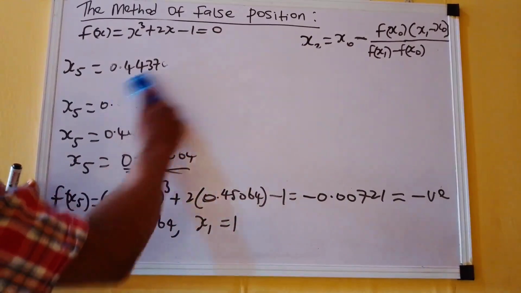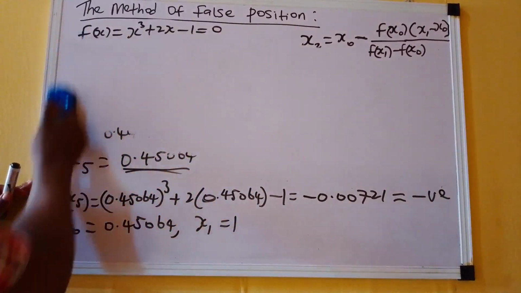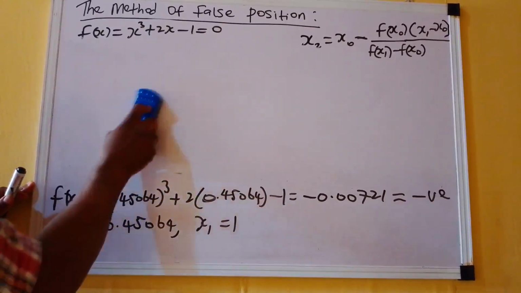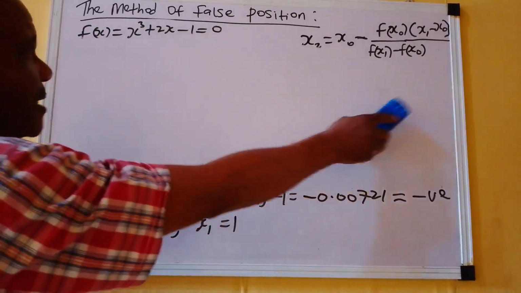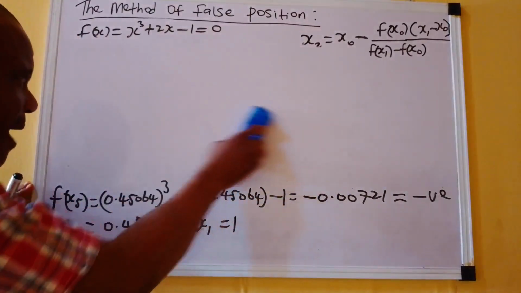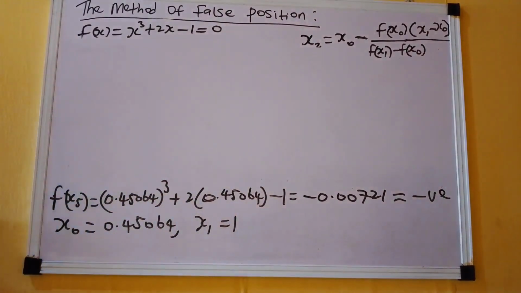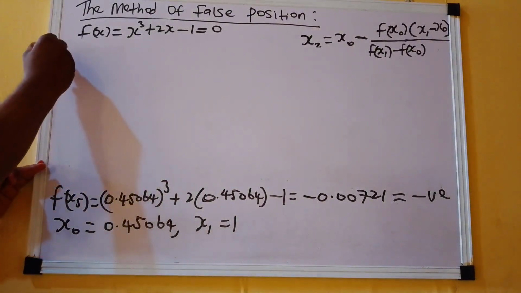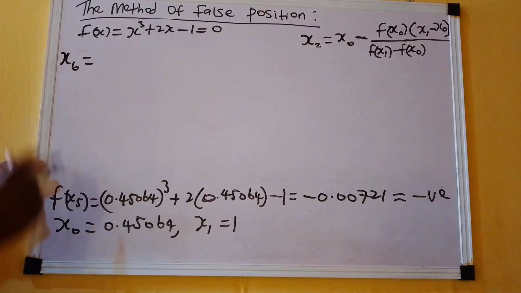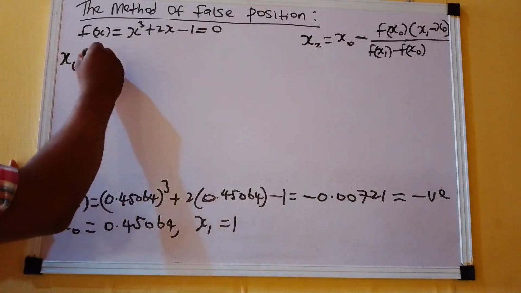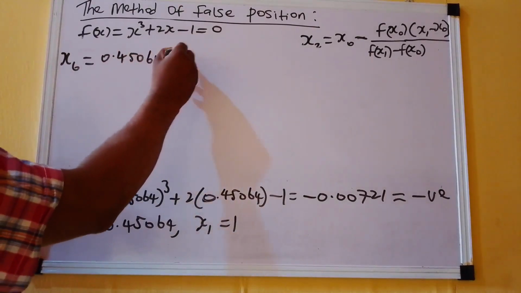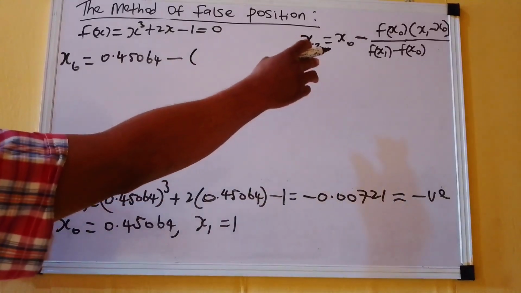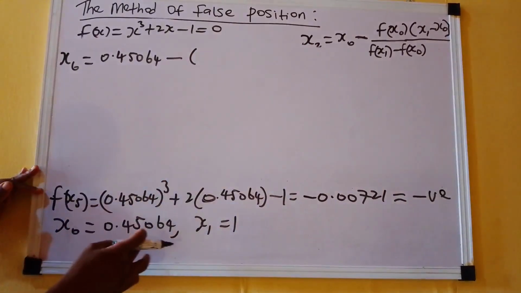I told you from the beginning, please wait patiently to the end of this class. You will see how the results are compiled, and how interpretation is made. So our x6 will be equal to, what is our x0? 0.45064 minus into what is our f of x0?